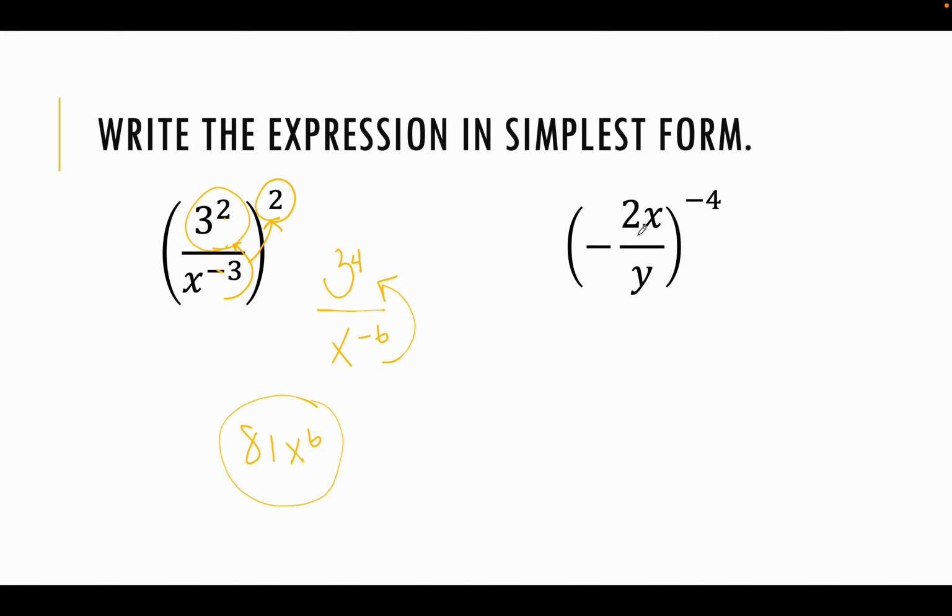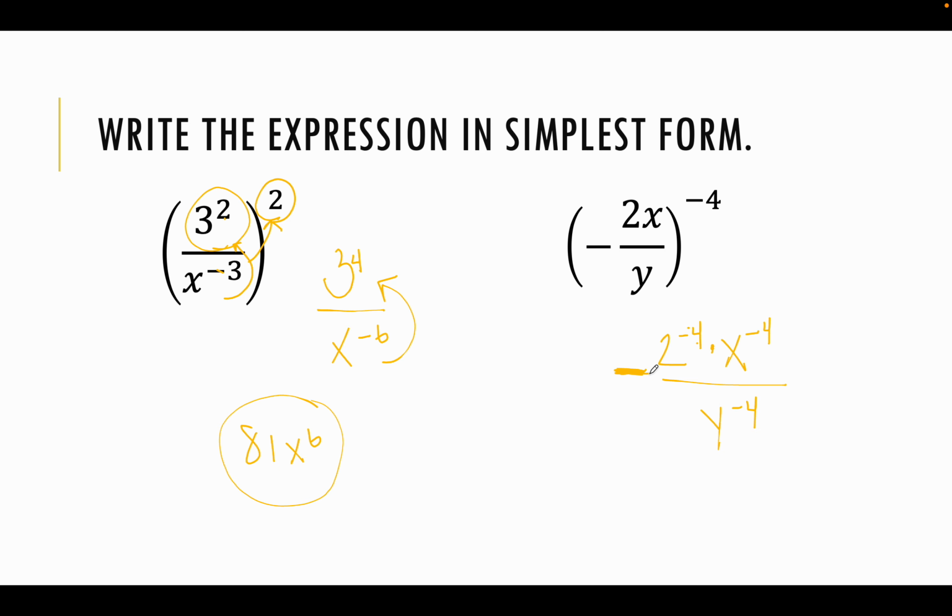For this example, we have negative 2 times x over y, all to the negative 4th power. This is going to be negative 2 to the negative 4th power times x to the negative 4th power all over y to the negative 4th power.